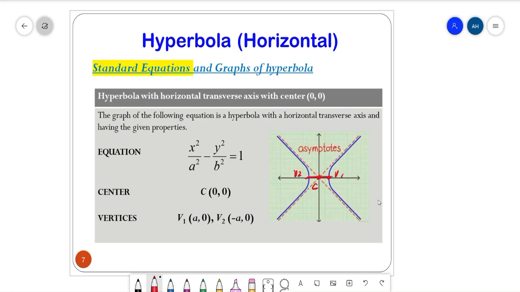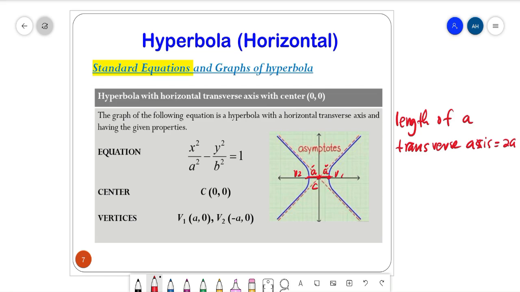Now the vertices. V1 is the coordinate A, 0, meaning the distance between the center and vertex number 1 is A. That value is A. The distance between the center and V2 is also A. Therefore, the length of a transverse axis is equal to 2A, because we have a plus a to a, right?